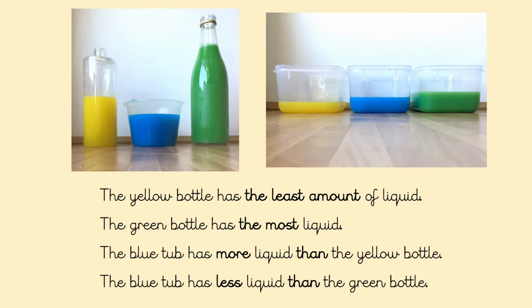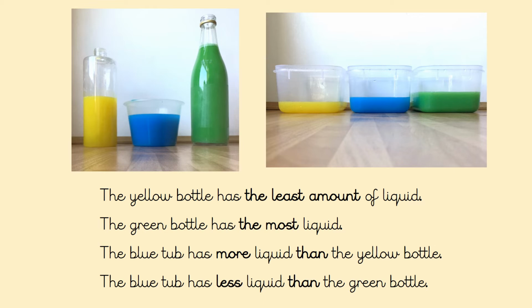So here we've got a picture of what all the liquids looked like in their containers at the start, and then a picture of them in the identical containers, the lunch boxes, after I've poured them in, so that it's easier for me to compare them.